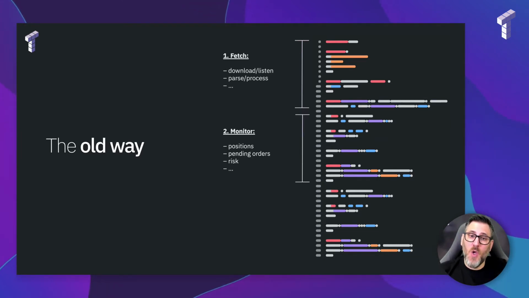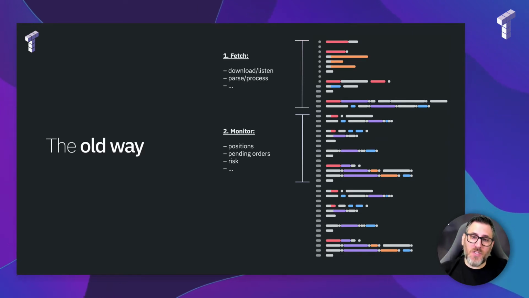The next step would be to check the data for, essentially, monitoring tasks. Check what's up with your positions and what's up with pending orders or your risk levels or account margins, anything of that sort. That's usually the next part of your code.